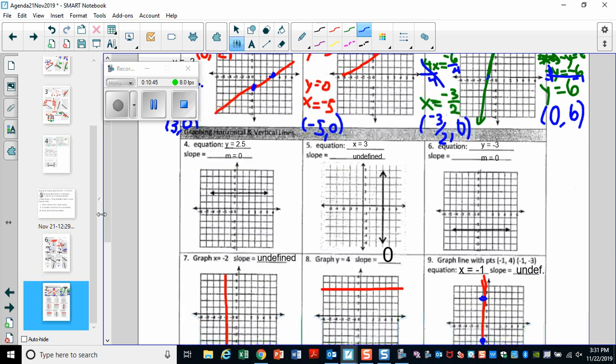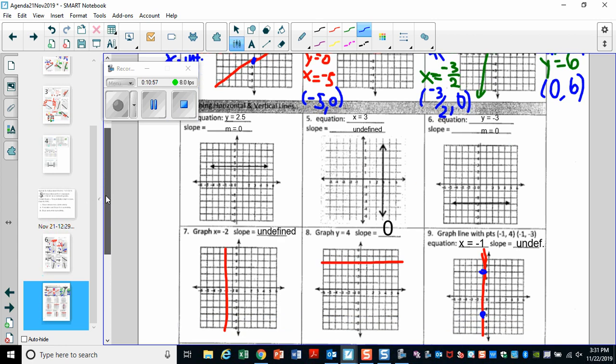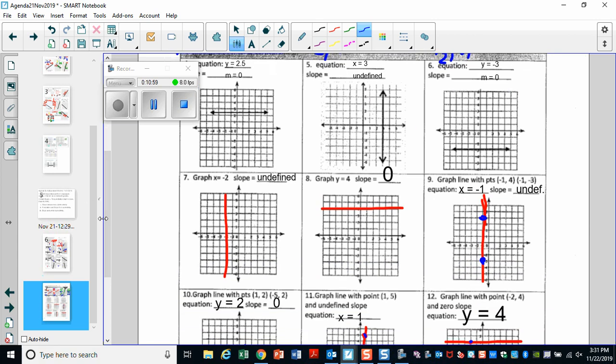Now, graphing horizontal and vertical lines. Horizontal line, your slope is 0. So that's the case for numbers 4, 6, 8, 10, and 12. And then, of course, just look where your y-intercept is located. Where does your graph cross the y-axis?